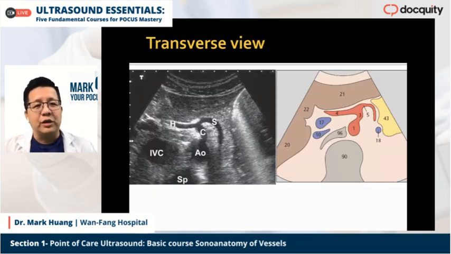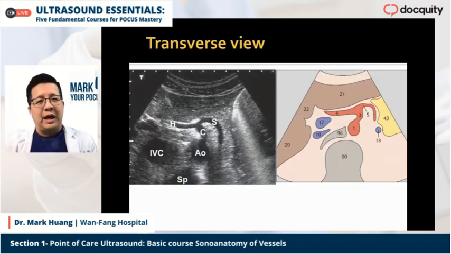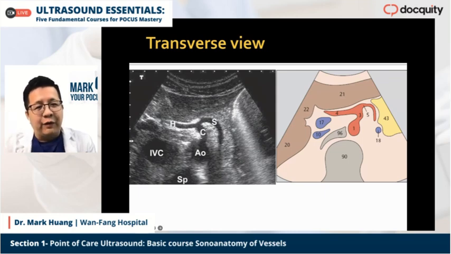So let's see the image. When you put the probe on the epigastric area and slide downward, you will see the aorta in front of the spine, and its neighbor is the IVC. The first division is the celiac trunk, going to the right side is the hepatic artery, and the left side is the splenic artery.